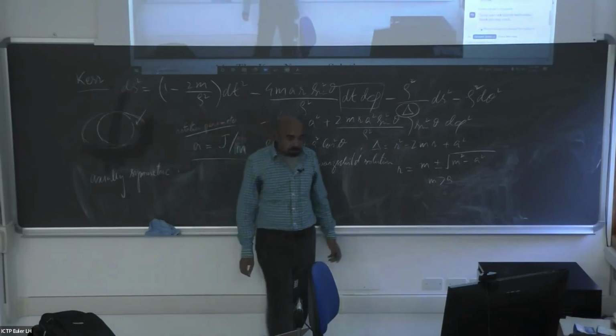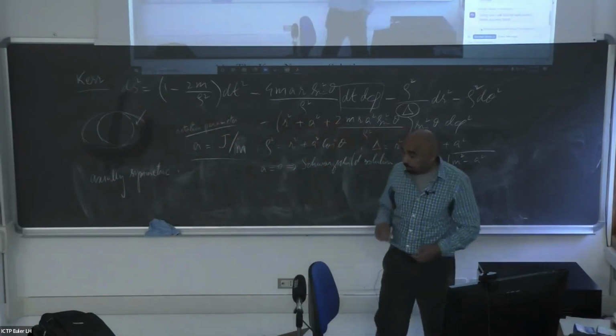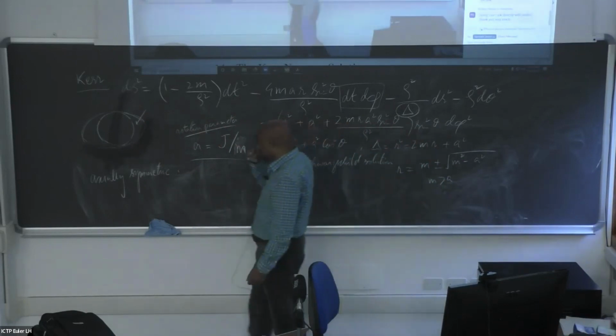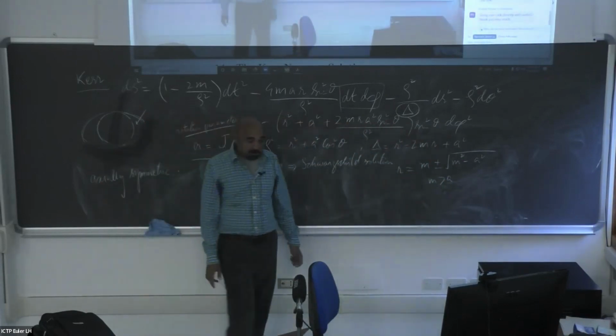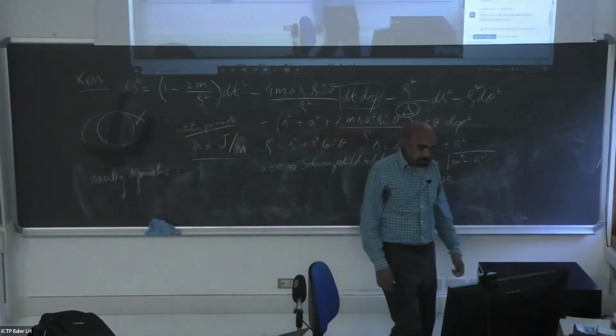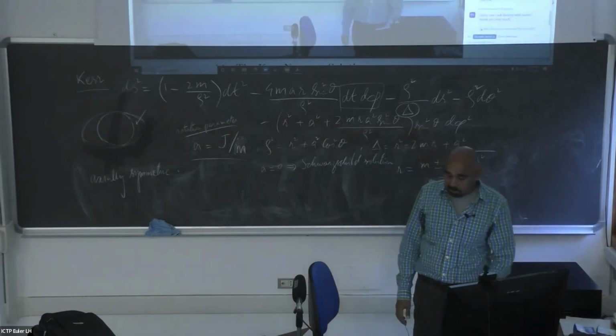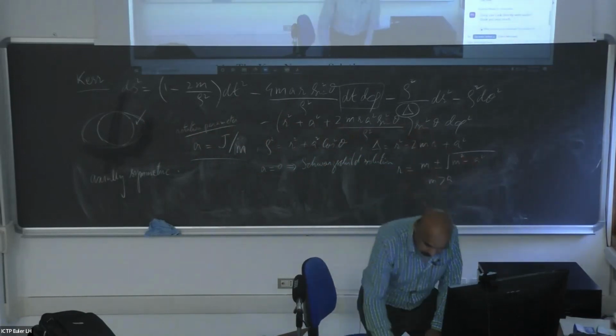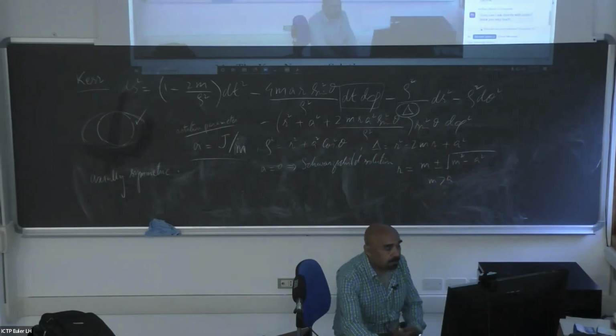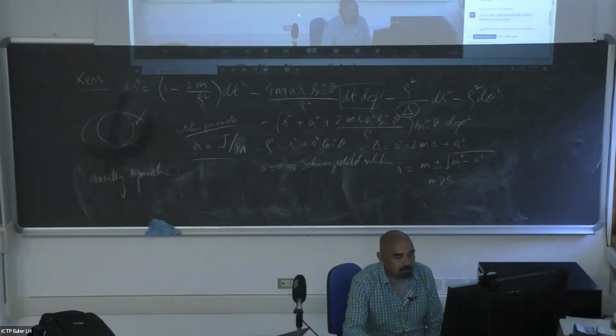This region is called an ergosphere. And interesting things happen in this region which do not happen in the previous two black holes, the Schwarzschild and the Reissner-Nordström. Here, actually, it is possible to extract energy.